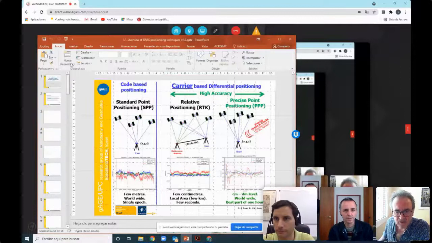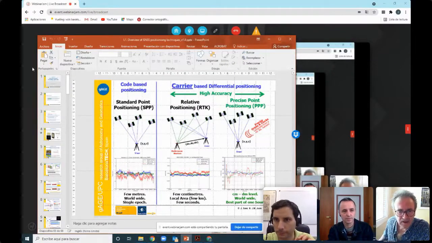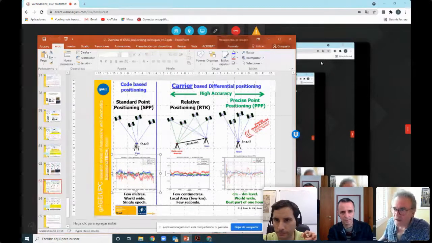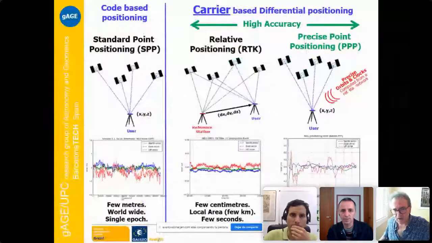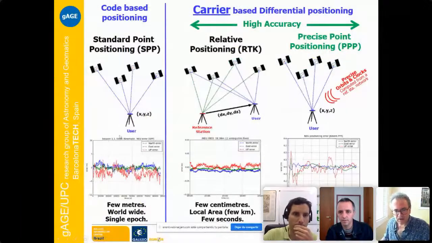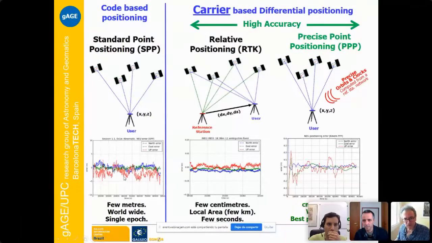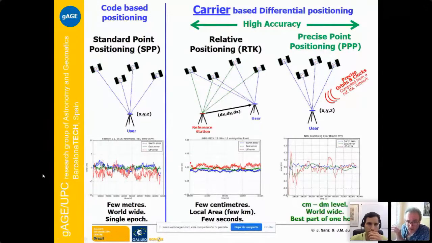If he means this case, let me check. For instance, here, this is a real SPP, standard point positioning, without smoothing code.